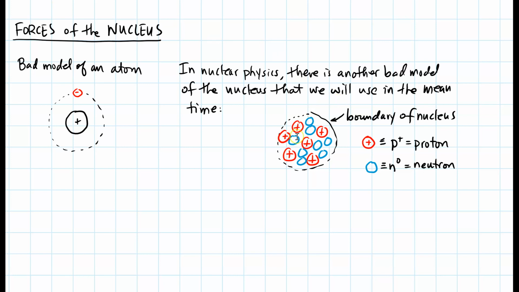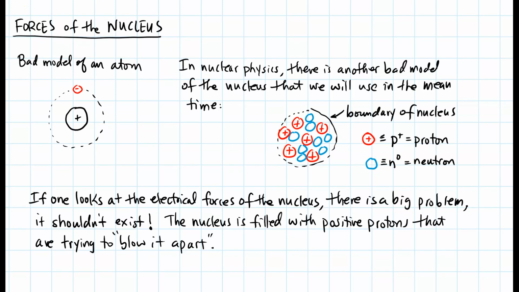We have a nucleus that has a boundary, and these red plus ones are going to be a proton, and you'll see me write them P with the plus symbol on top. And then we have these blue ones, which are the neutrons, and they have no charge, so I leave them blank here. When one looks at the electrical forces of the nucleus, there's a big problem.